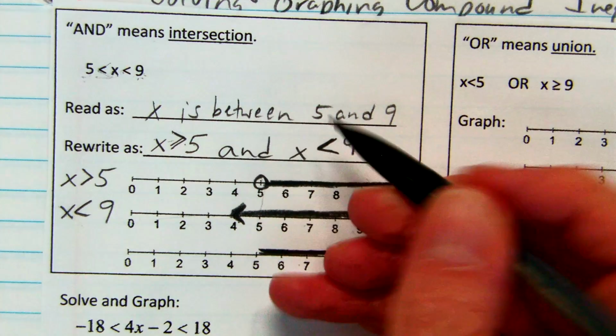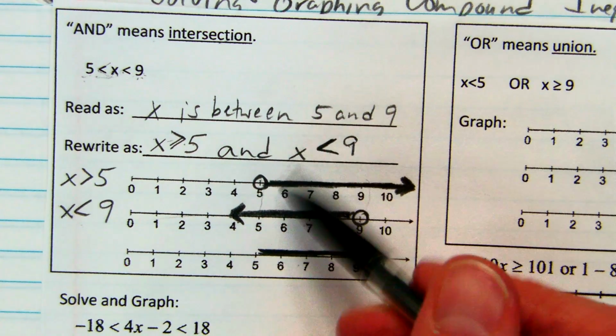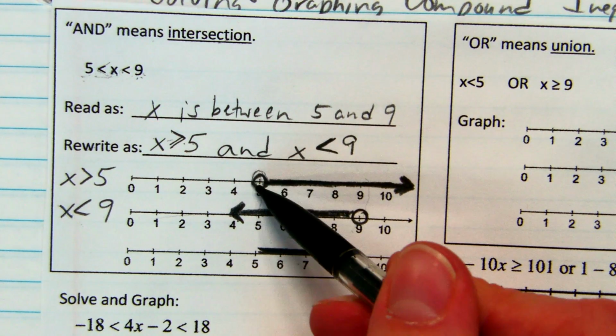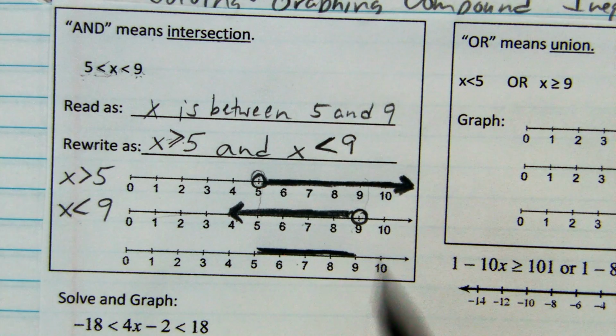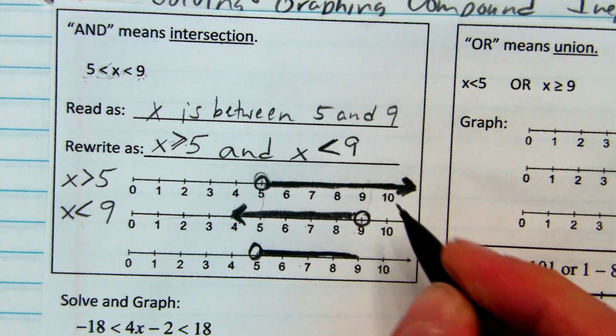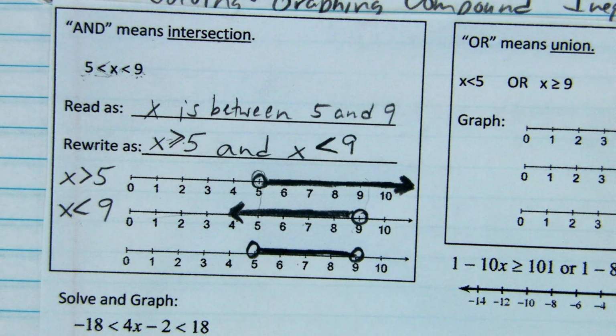And at the endpoints, because I need to have the number on both of them, they have to overlap. This 5 doesn't count because up here it's not filled in. It's not equal to. We didn't have the equal to bar. So down here we're going to use that as our endpoint for 5. And same thing here at 9. So 5 and 9 don't count, but everything in between does.